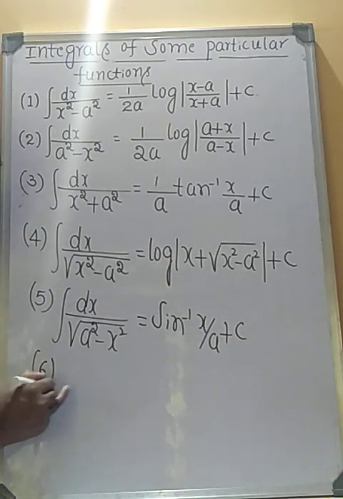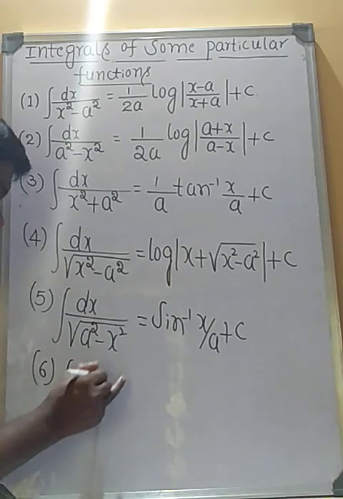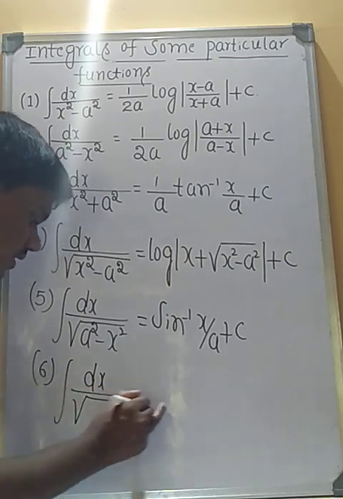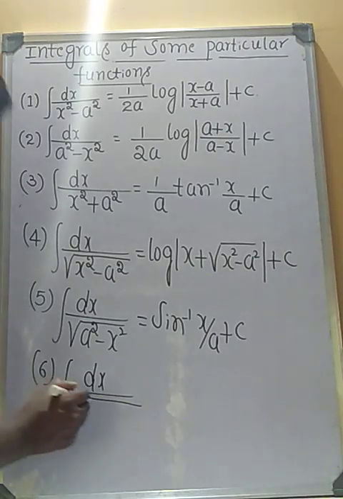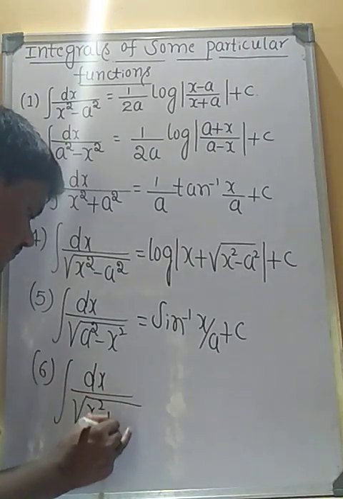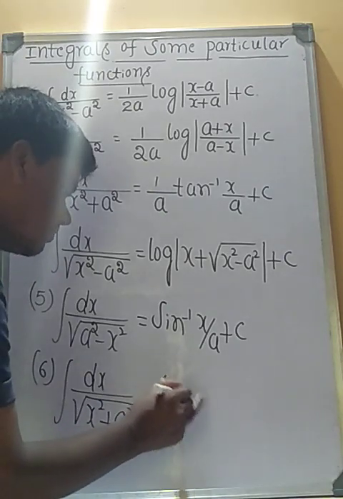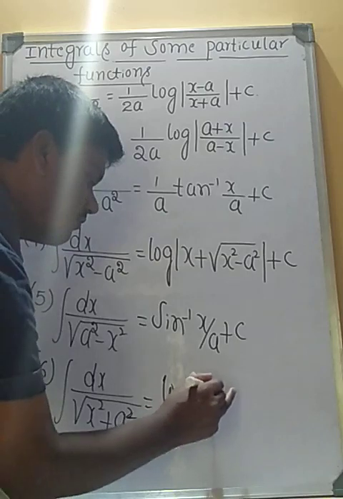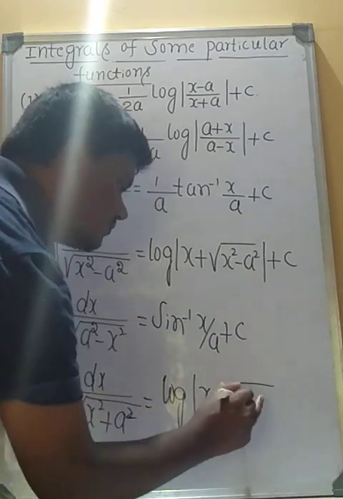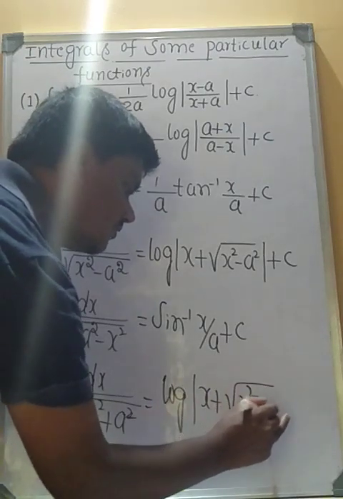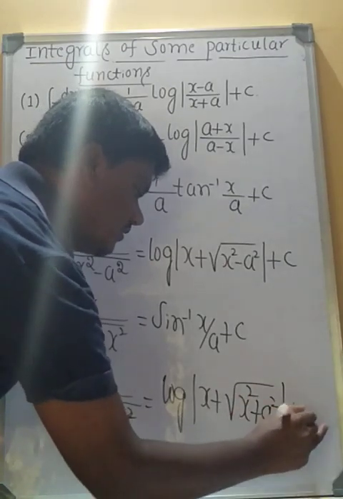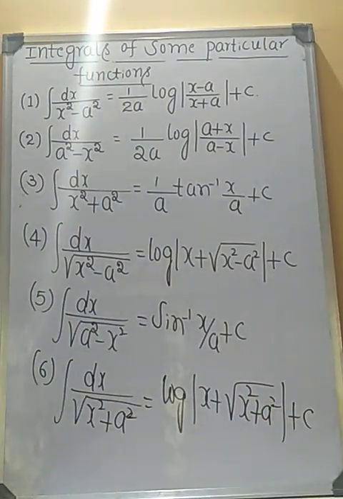Sixth one, integral of dx divided by root of x square plus a square equals log of mod x plus root of x square plus a square plus c. So these are all some particular functions of integration.